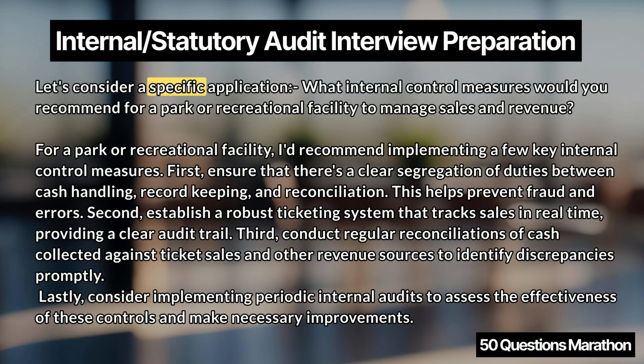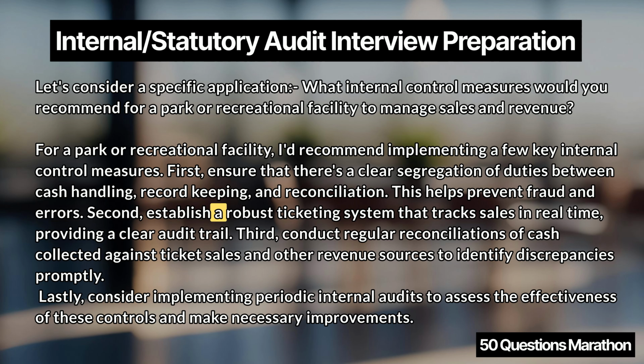Let's consider a specific application. What internal control measures would you recommend for a park or recreational facility to manage sales and revenue? For a park or recreational facility, I'd recommend implementing a few key internal control measures. First, ensure that there's a clear segregation of duties between cash handling, record keeping, and reconciliation. This helps prevent fraud and errors.